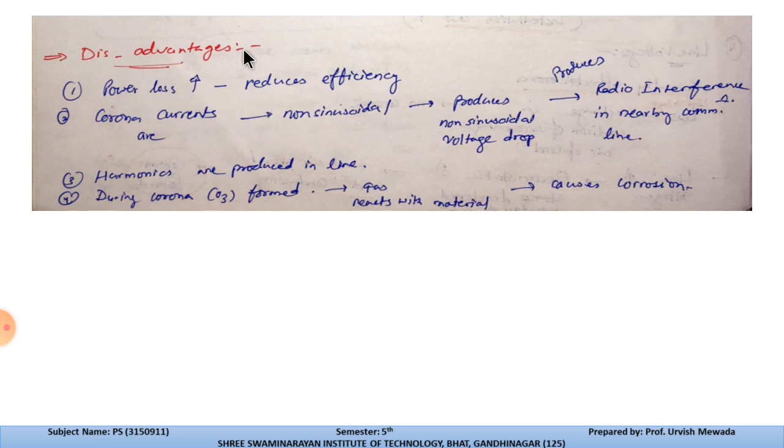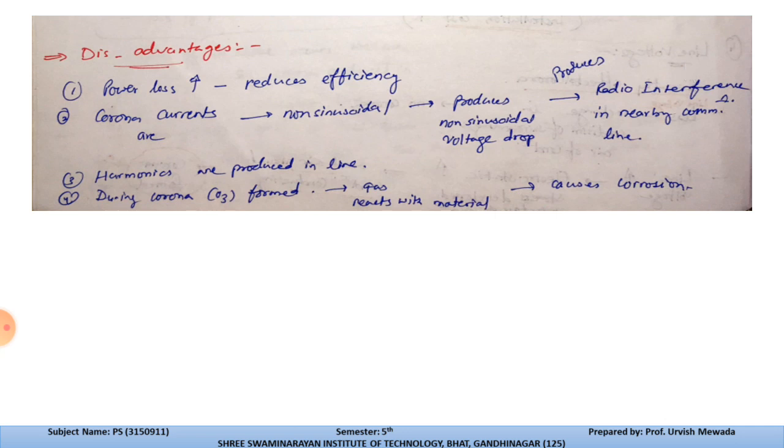Corona currents are generally non-sinusoidal, and these non-sinusoidal currents will produce a non-sinusoidal voltage drop, and that produces radio interference in the nearby communication line. Such non-sinusoidal voltage drops can harm the nearer communication line, and can generate harmonics in it.